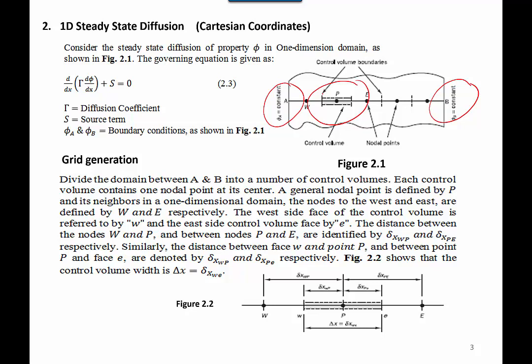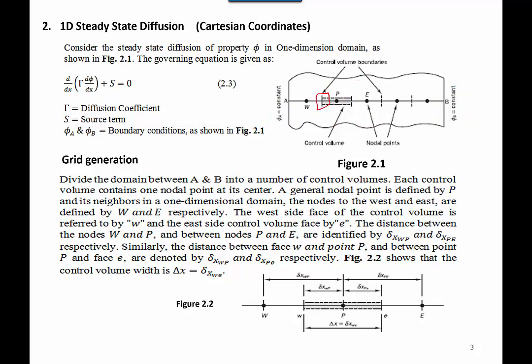The one on the left side is represented by a center point called capital letter W, or west, and the other on the right is represented by a central point called capital letter E, or east.